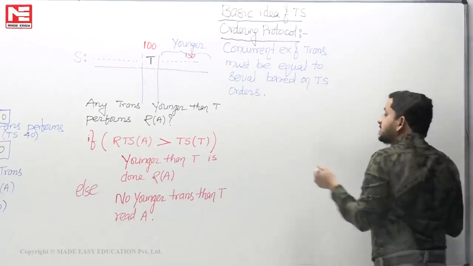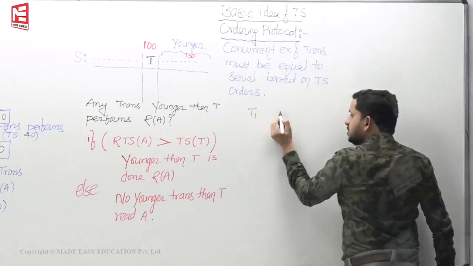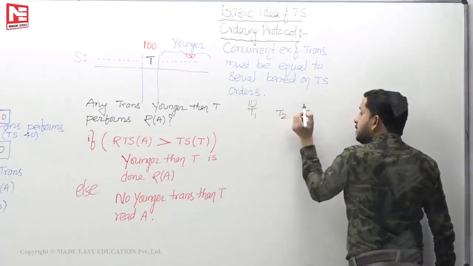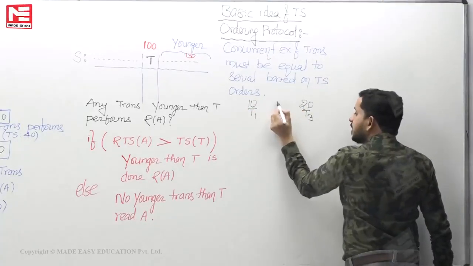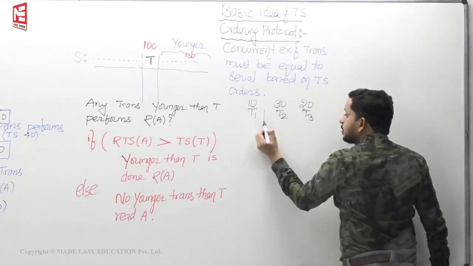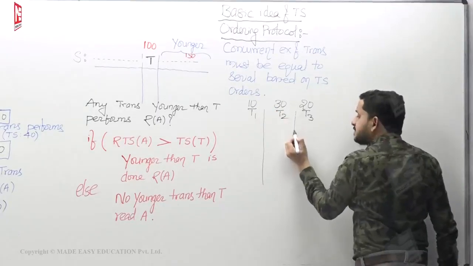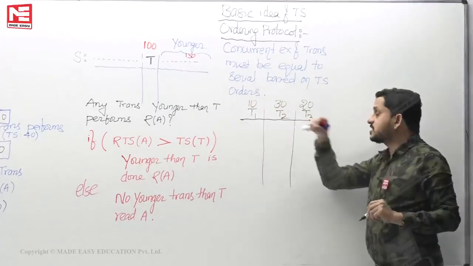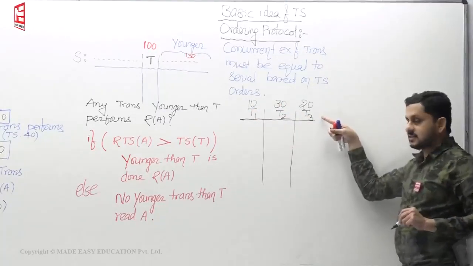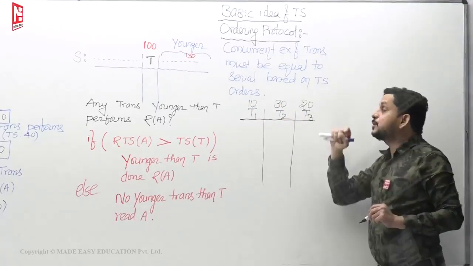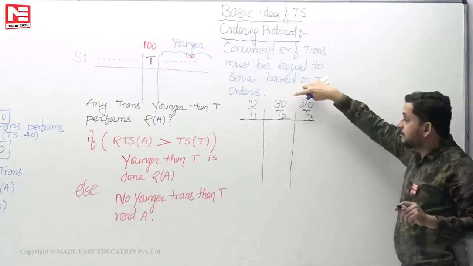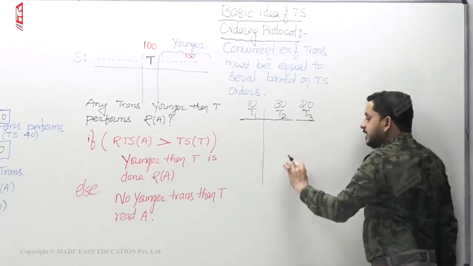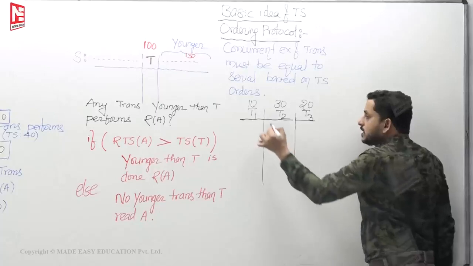Say T1 is one transaction, T2 one transaction, T3 one transaction, with T1 timestamp 10, T3 timestamp 20, and T2 timestamp 30. Assume these values: 10, 30, 20. It means T1 is the oldest transaction. After T1, T3 enters. And who is youngest? T2 is youngest. The transaction with maximum timestamp is the younger one. The transaction with the least timestamp value is the older transaction.